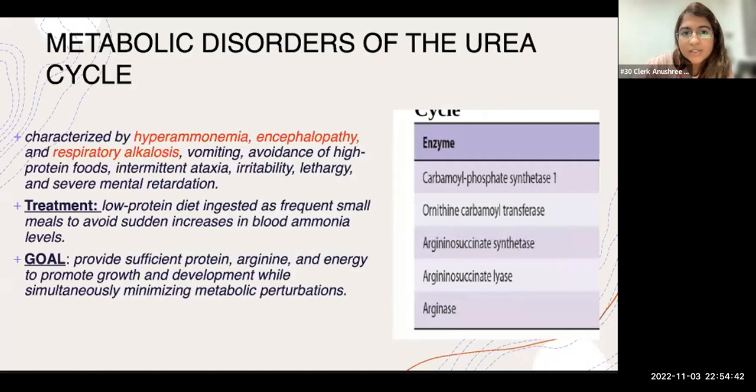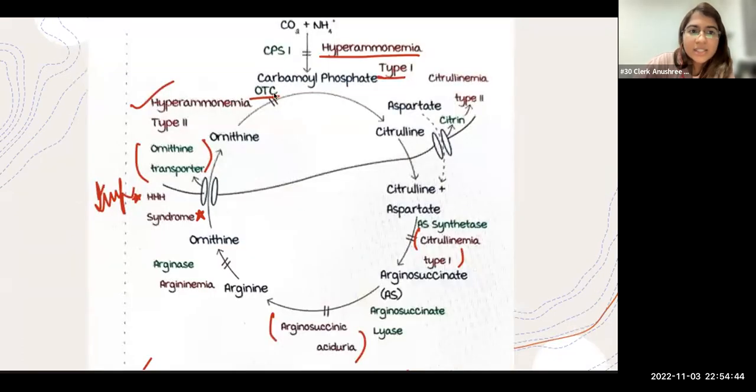Ornithine carbamoyl transferase. In this one, if it is deficient, it would cause hyperammonemia type 2. Please take note of this. It's very important. I think they can ask you this because this is the only enzyme which causes an X-linked disorder. All the rest of the disorders are recessive.